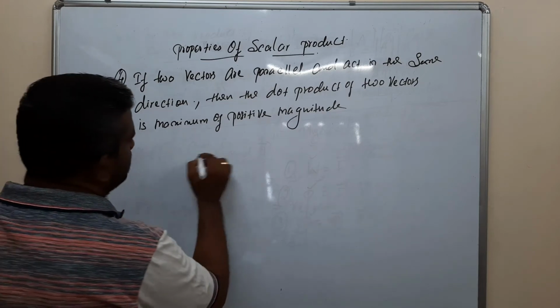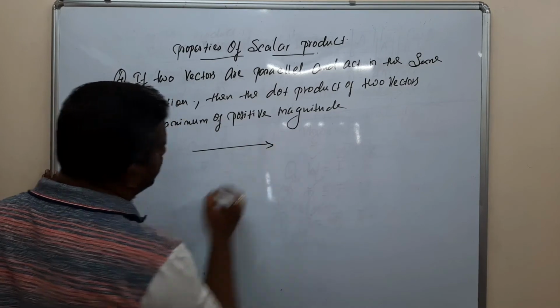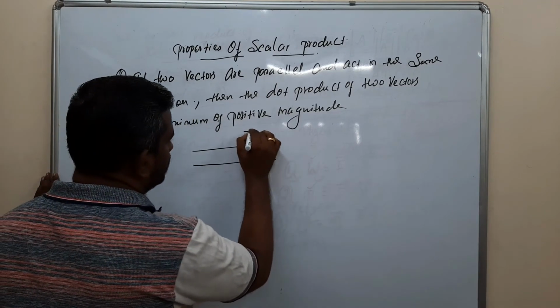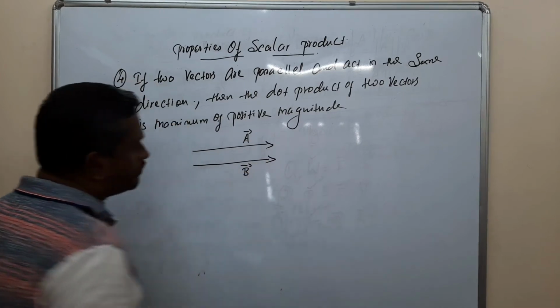If two vectors are parallel and they are acting in the same direction, this is A vector and this is B vector.